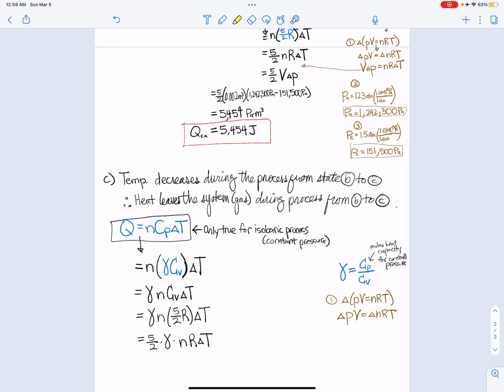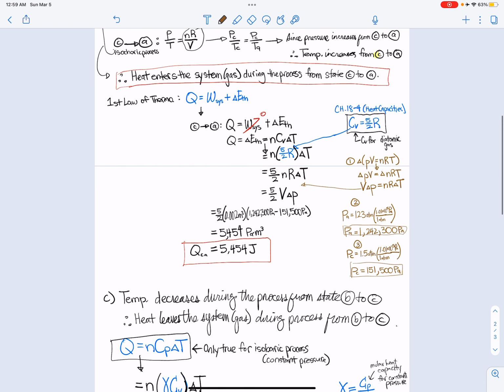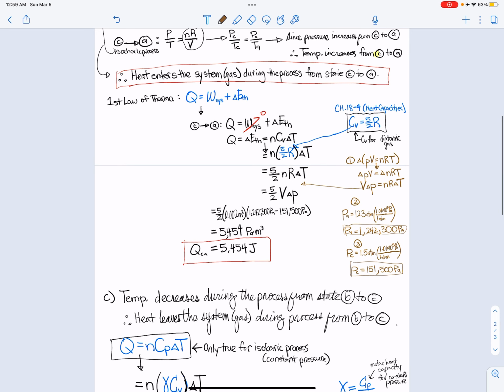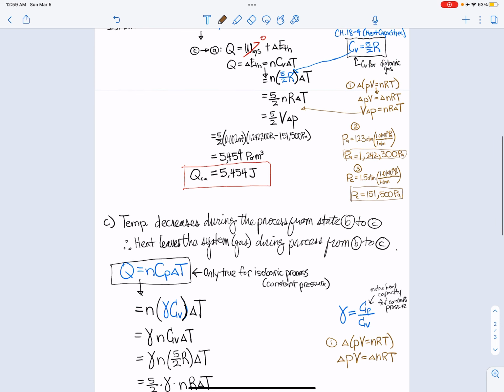That is an isobaric process. So pressure this time is constant. So this time, from B to C, yeah, pressure is constant, right?